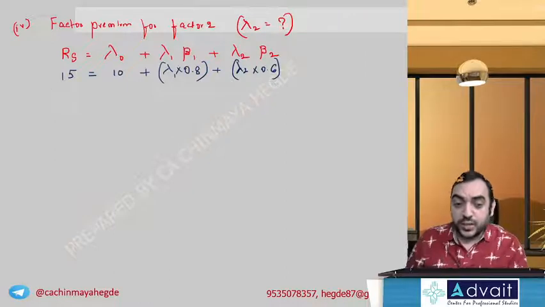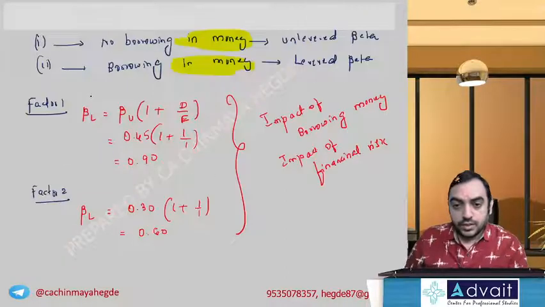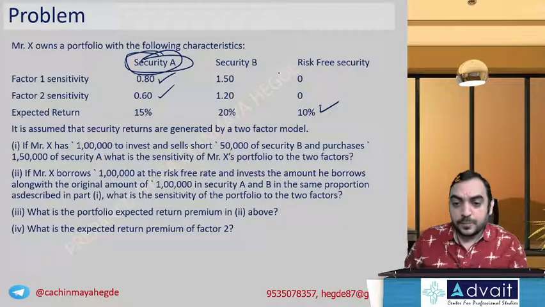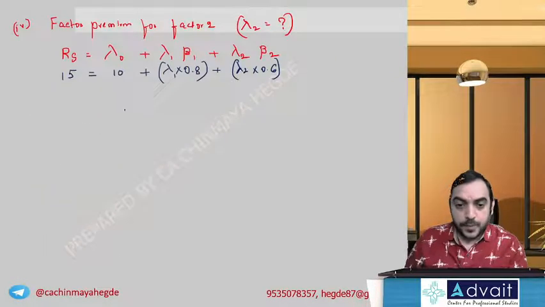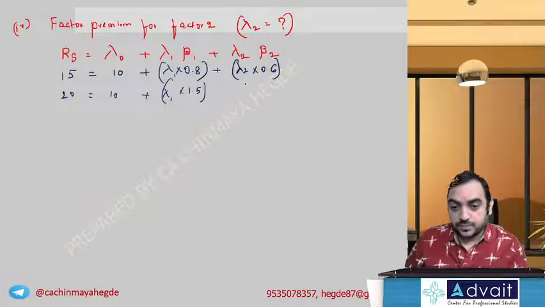Similarly, we do for security B also. For security B, it is 20% and beta 1, beta 2 are 1.5, 1.2.